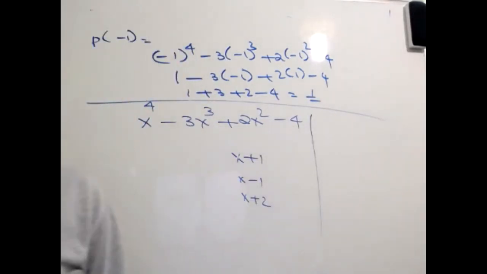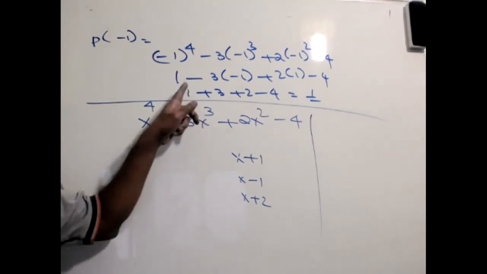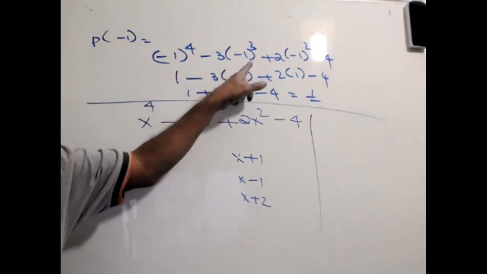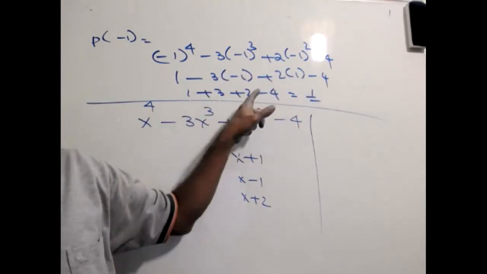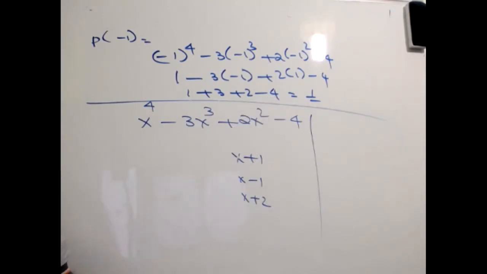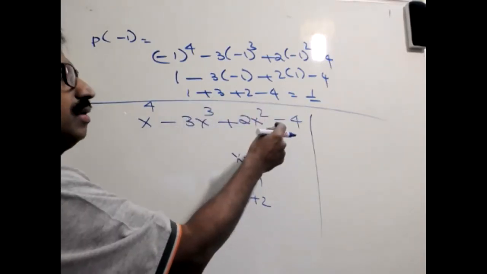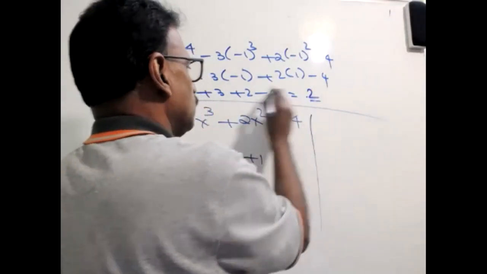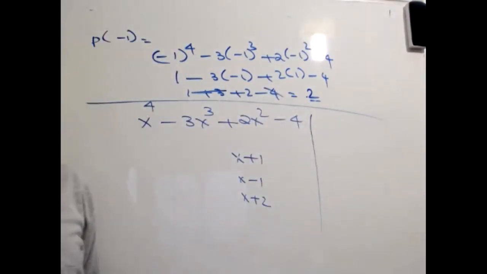Correct or no? Here 1, minus 1, 3, here 2. Oh, I missed. No, answer is 2, right? This is cancelled. Answer is 2.